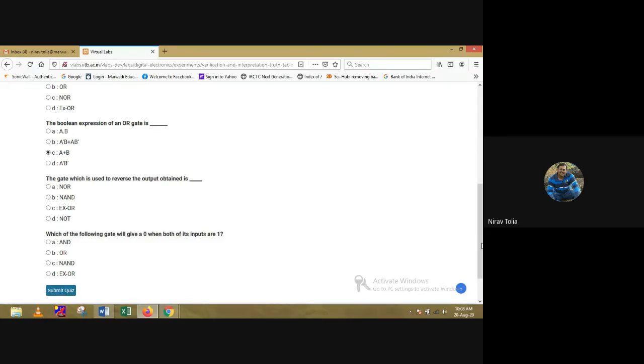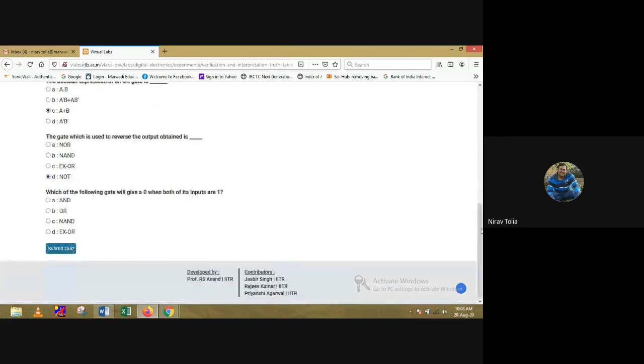Dhairya. Okay, so again the answer of Parthiv, Keyur, Disha, Dhairya, Kisan, Nishita is the same: it is a NOT gate. So the gate which is used to reverse the output obtained is a NOT gate.